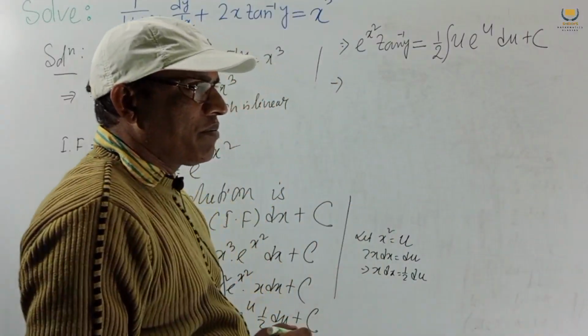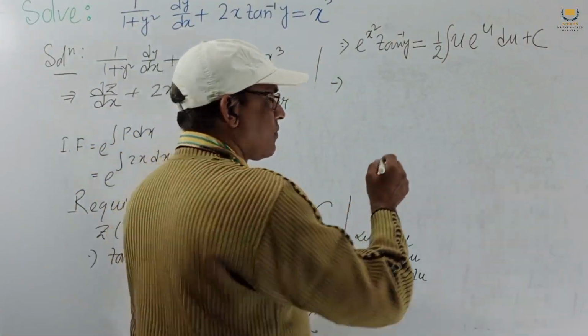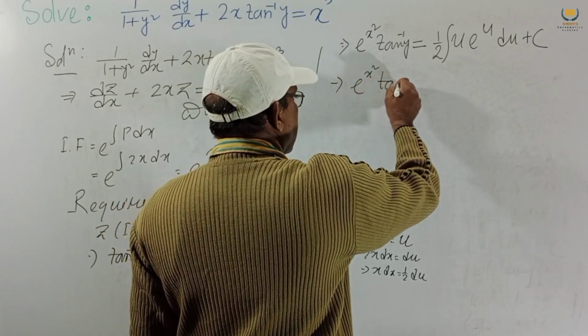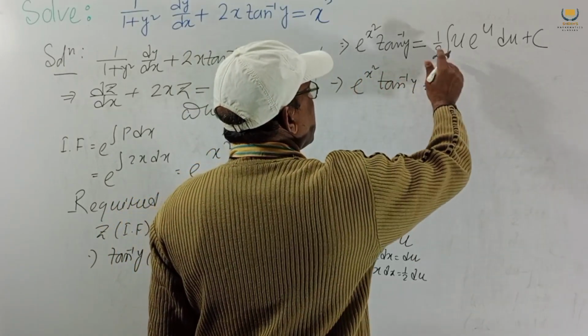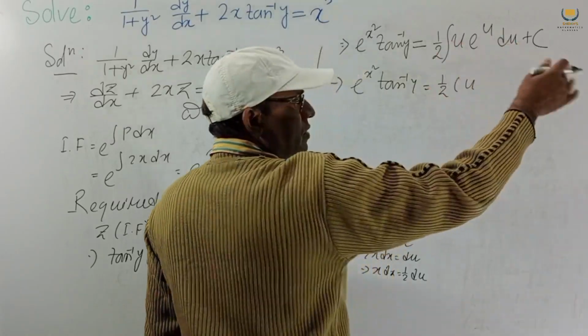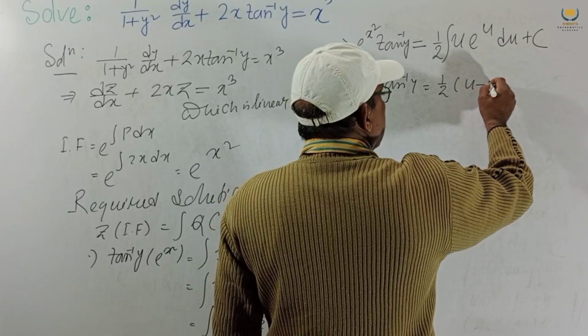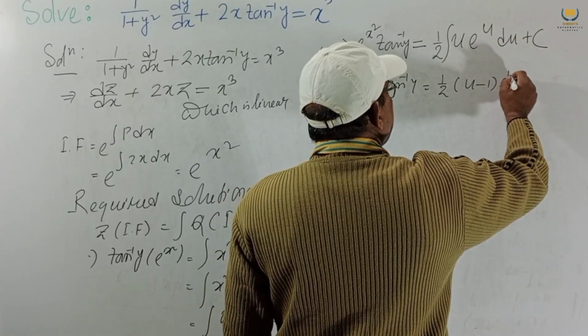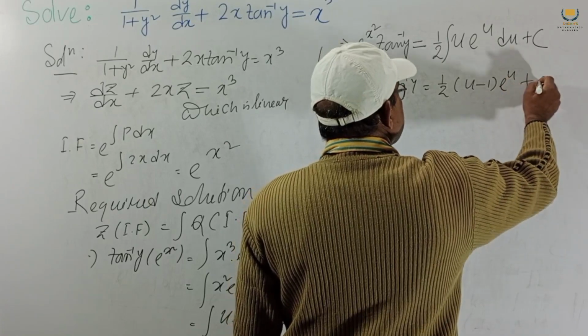And the last problem, we solve this e to the power x square tan inverse y. If we take by parts formula, directly I want to write this formula because the first problem it was shown. This is e to the power u plus c.